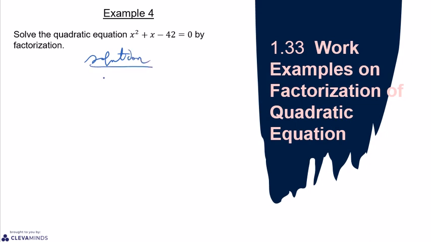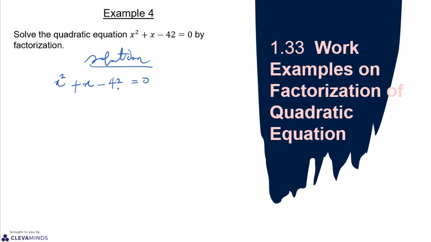So we have x squared plus x minus 42 equals what? 0, right? Good. So remember, the coefficient of x squared is 1, right? Good. Though invisible, it is taken as 1.